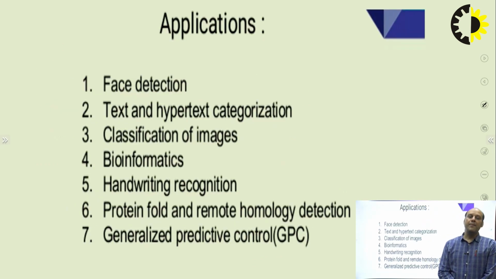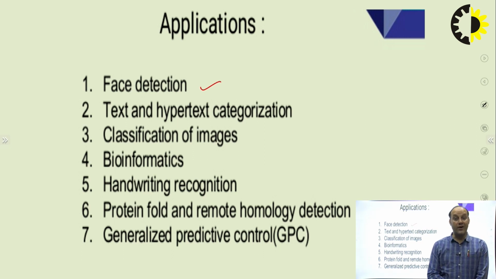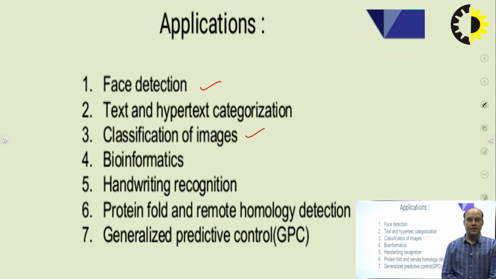Now some applications where we use support vector machine: it is used in face detection. Nowadays, we need to access faces quickly. Second is text and hypertext categorization. In image processing also, for classification of images, we can use SVM. In bioinformatics, we can use support vector machine.